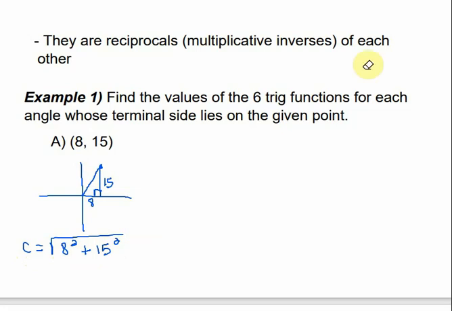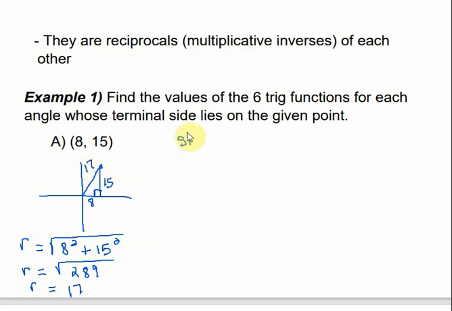Let me change that because we're actually looking for r for the trig function, but in the Pythagorean theorem, of course, it would be c. Okay, so this would be the square root of, if I compute that, then I get 289, and the square root of 289 is 17. All right, so now we have r, which is 17, and we can find the 6 trig functions.